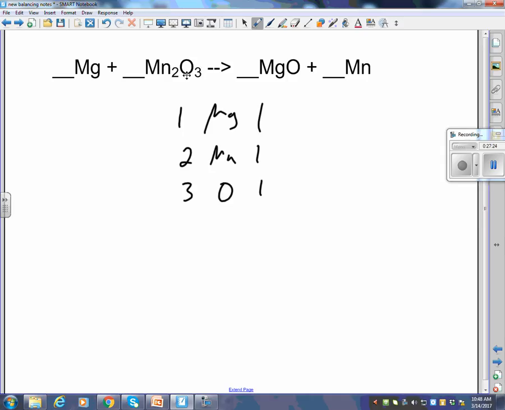Let's go with the advice to make this 3 a 6, like to make it even. So if I do that, if I put a 2 there, then that makes that 4. That makes that 6, right? Which means I got to do what over here now? I got to make that also 6 to make that go. And then that makes 6 Mg's. And I got to make my Mn's more, so I got to put a 4 there. And I still got to balance this Mg, and so that means I got to put a 6 there.